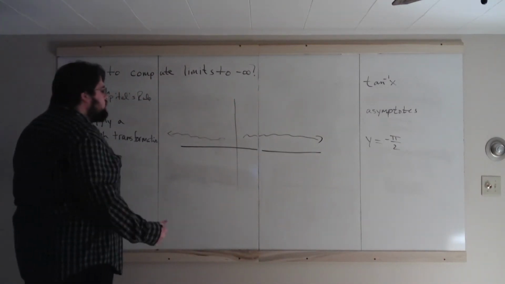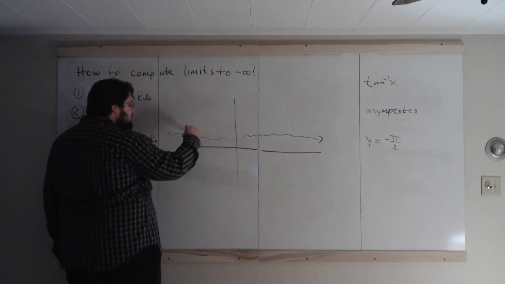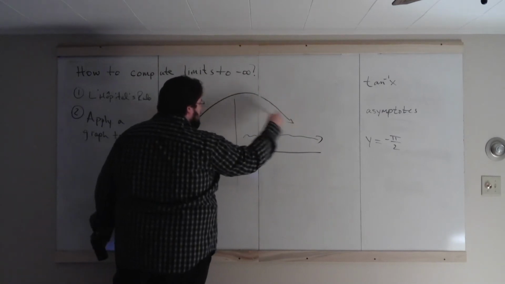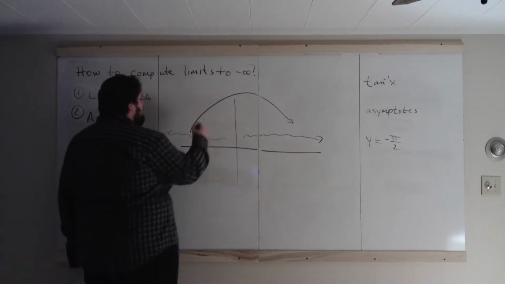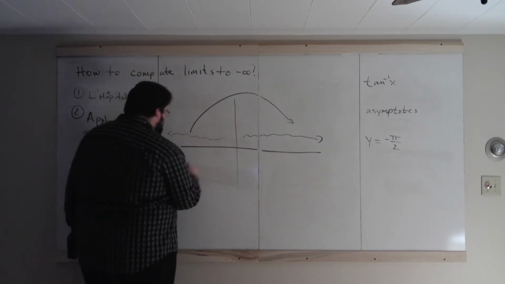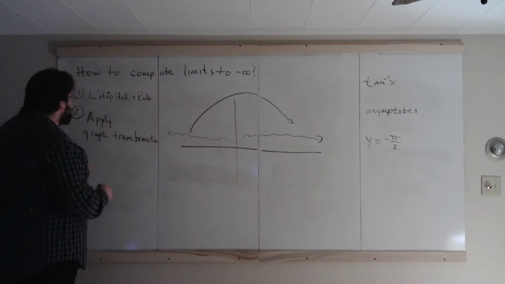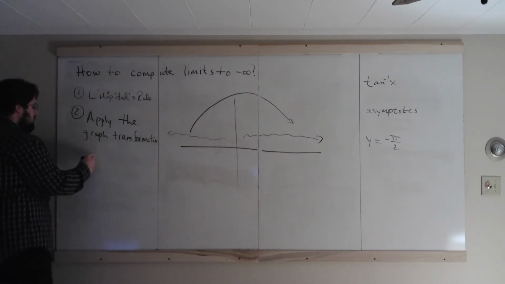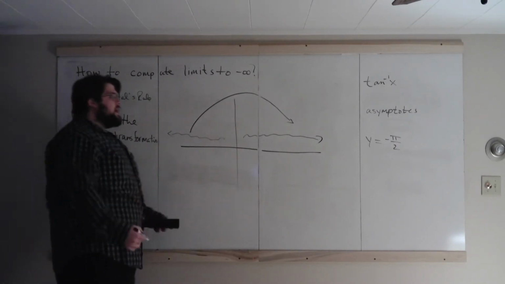But we also know a graph transformation that can take what happens over here and flip it across the y-axis. So we can apply the graph transformation that flips the function across the y-axis.